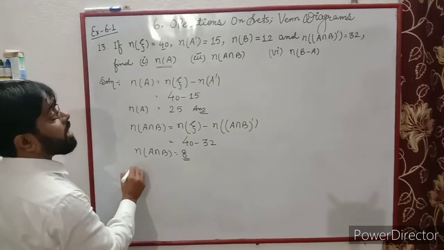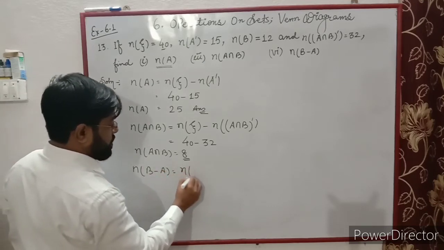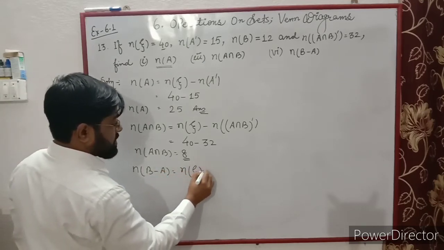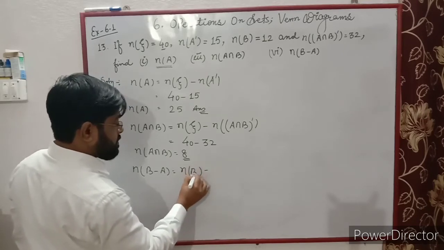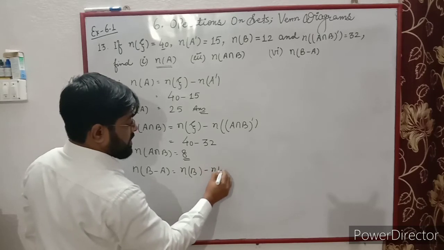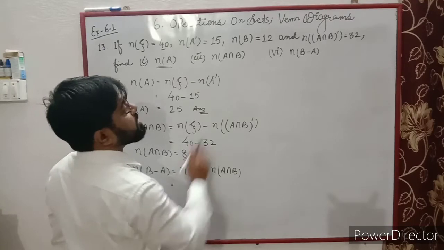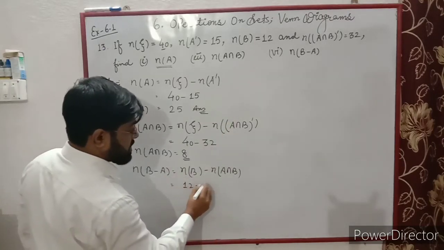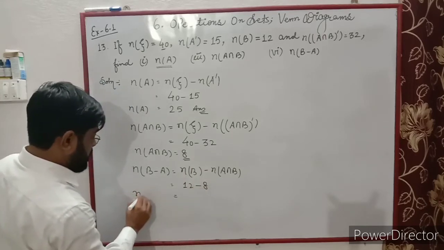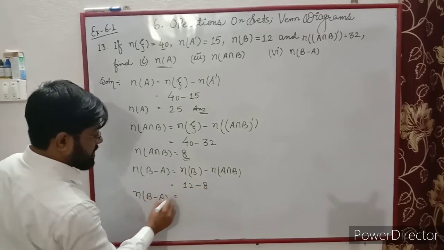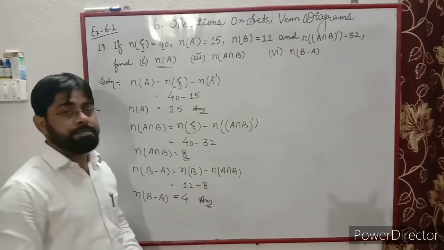Now n(B minus A). So n(B) minus n(A intersection B). So n(B) is given 12 minus n(A intersection B) is 8. So we have n(B minus A) is equal to 4. That is the answer.